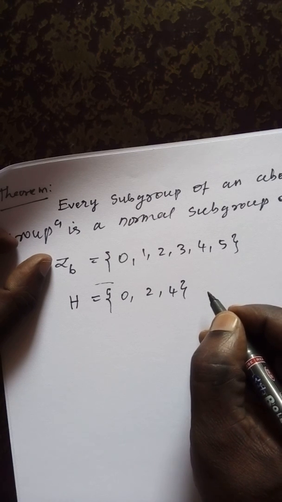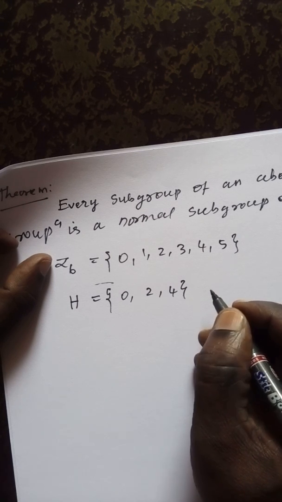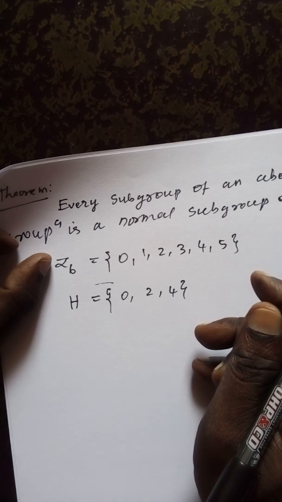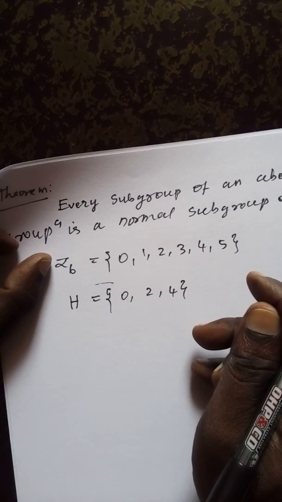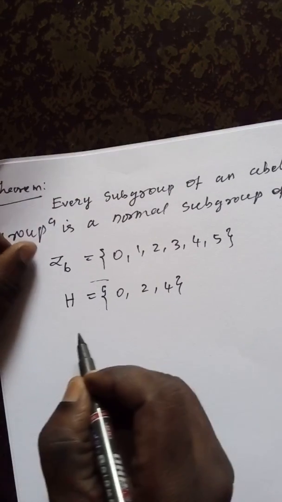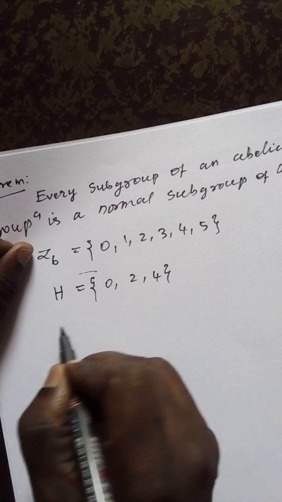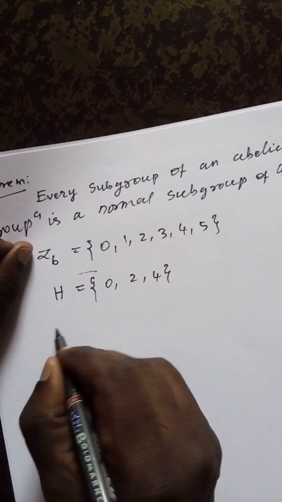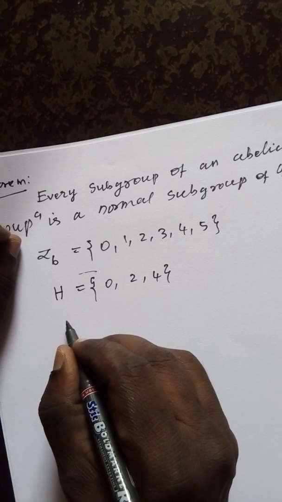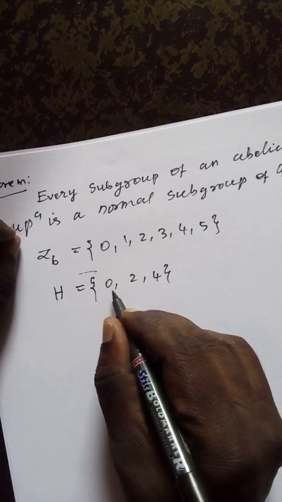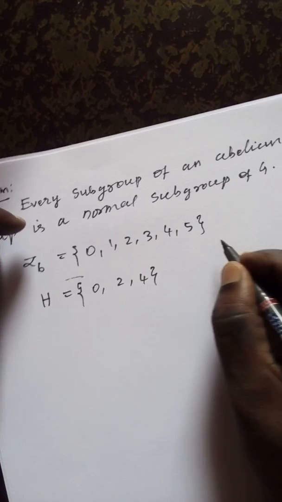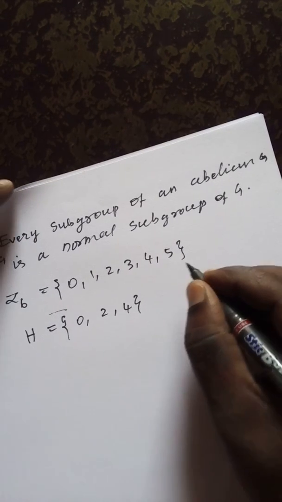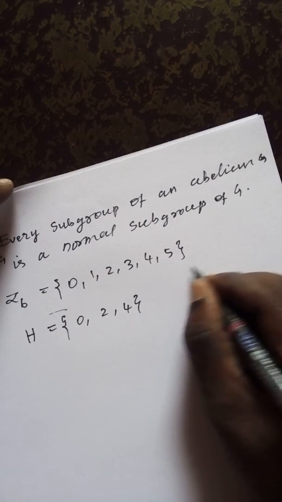Lagrange's theorem says that the relation between the number of elements in the group, the number of cosets in the group, and also the number of elements in the set. So there is only the possibility 0, 2, 4.